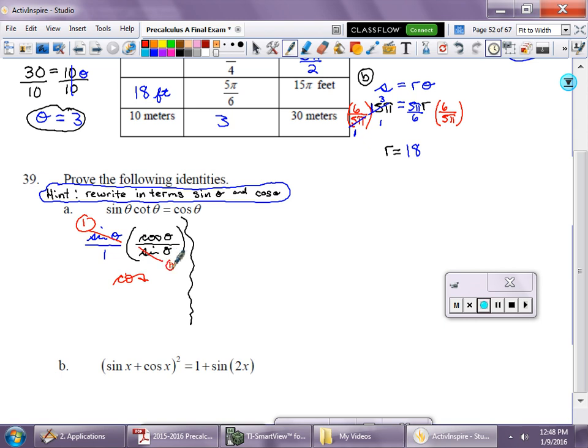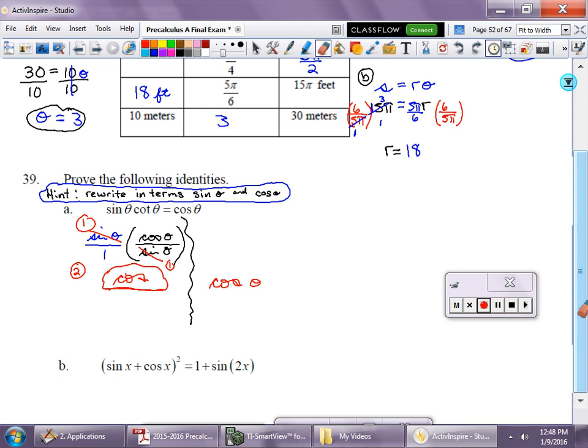A number divided by itself is 1. And so we get cosine. This is it. This is really easy. No drama. There's only 2 steps. 1, 2. Cosine equals cosine. Okay. And you don't even need this 1 if you want to clean that up. That looks nice and pretty.